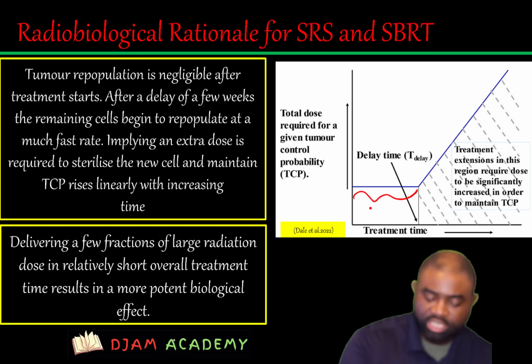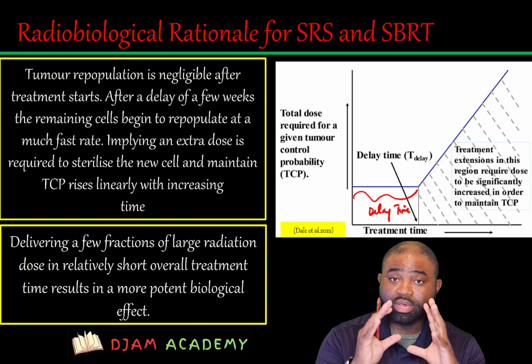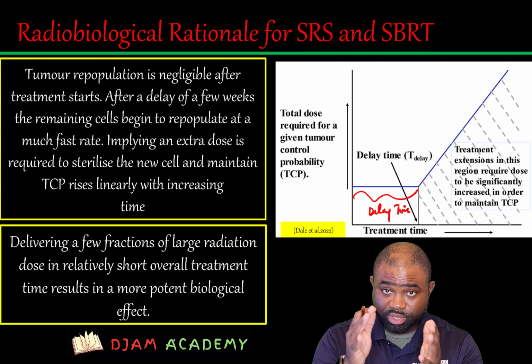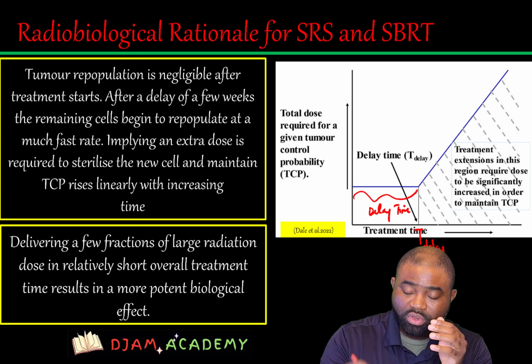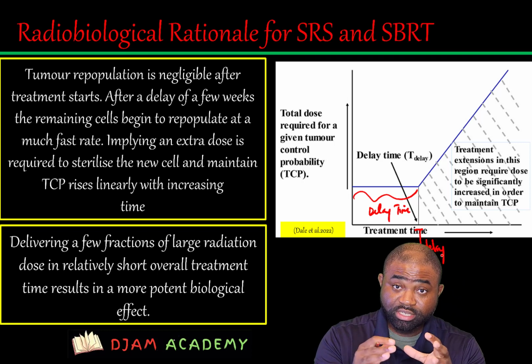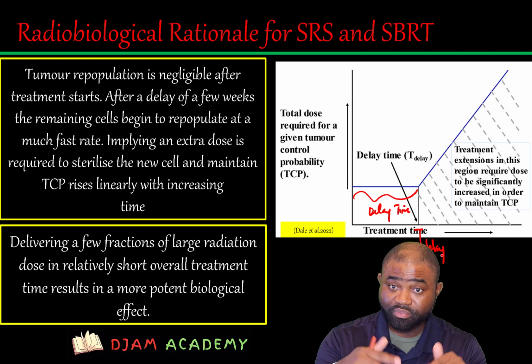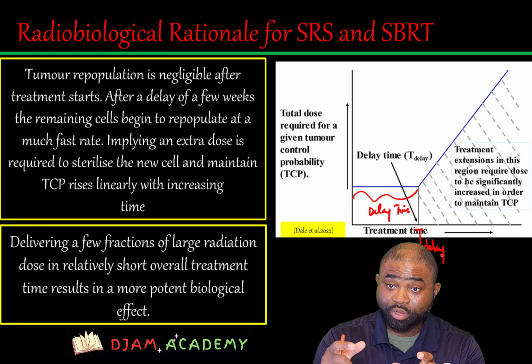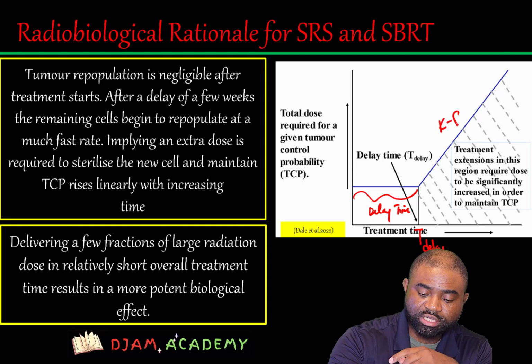We call this the delay period, the delay time. On and about between the second and the third week, there is a T delay from which the cells begin to repopulate rapidly. And the rate of repopulation depends on what we call the K factor.